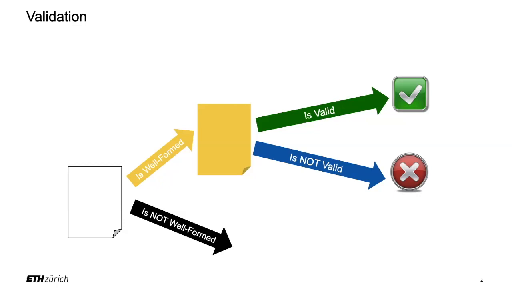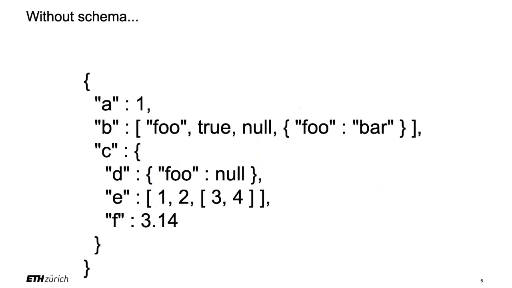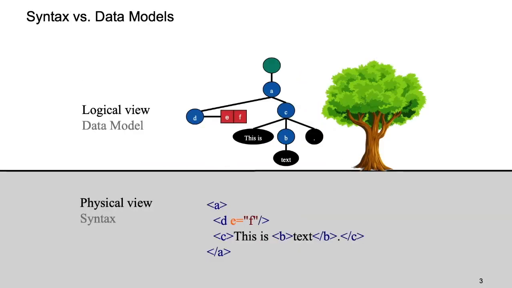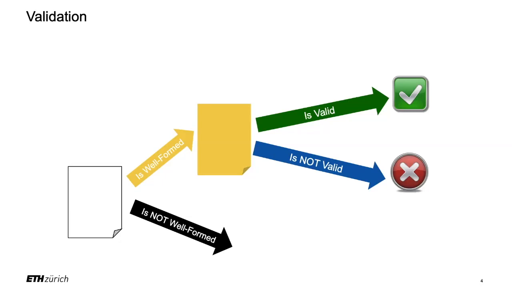If it's not well-formed, you will not be able to create the tree. It has to be well-formed JSON or well-formed XML. This is called parsing. You parse an XML or JSON document to the memory structure, to the tree. And once you have parsed it and have the tree in memory, then you can ask another question.